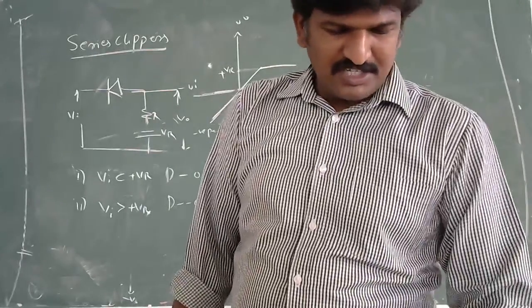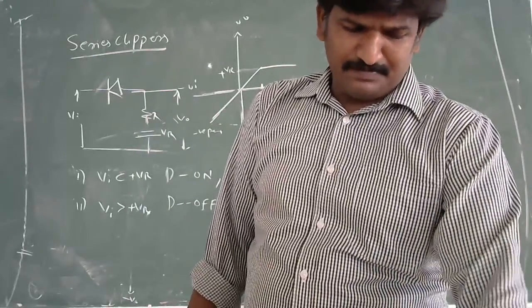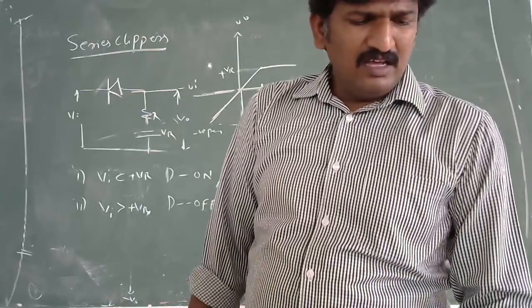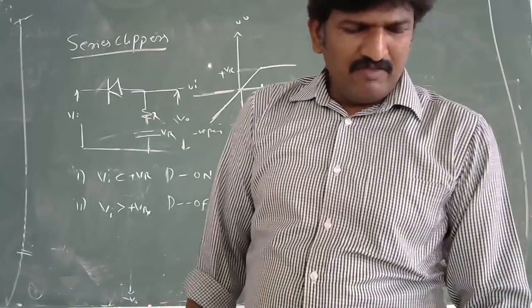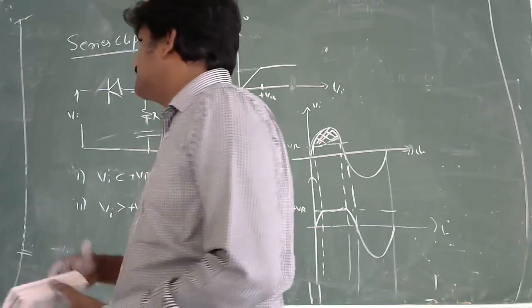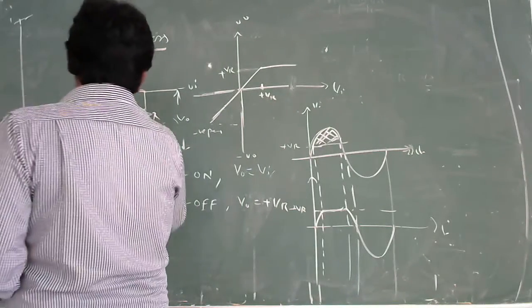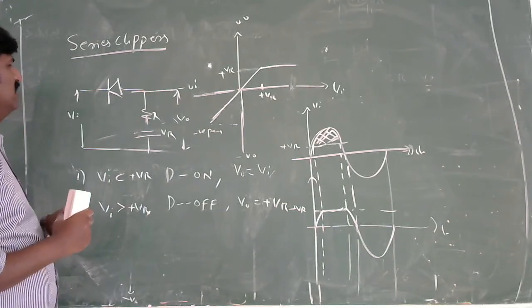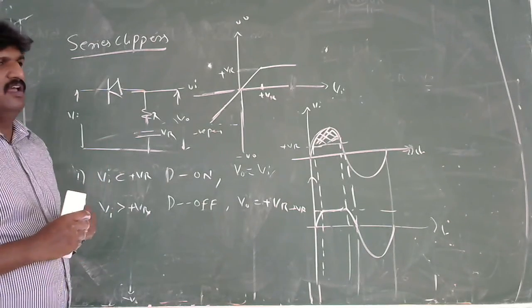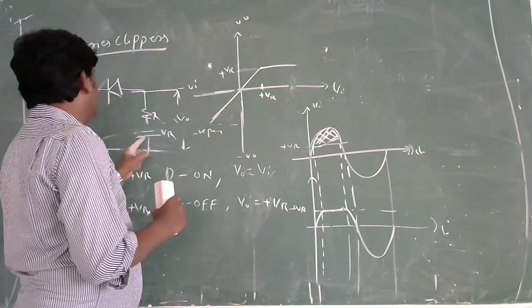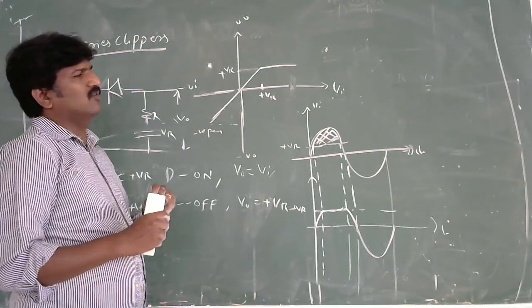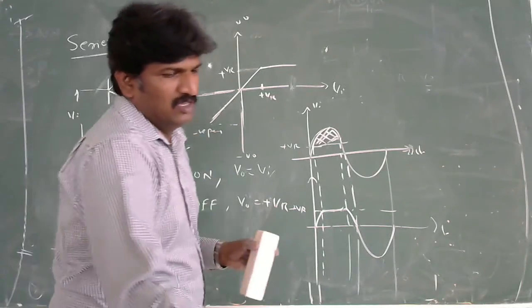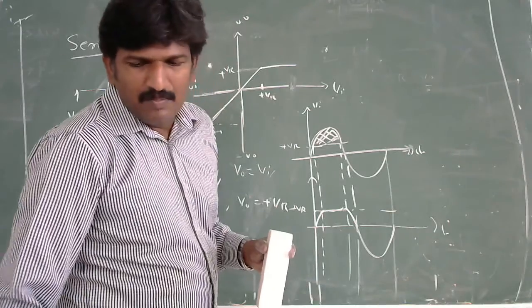One more consideration is there. When you have this voltage in series with that diode, because now you practice this one, these reference voltages you are connecting across the output terminal. If you give the reference voltage in series with the diode, how will the diode work? This you have to practice.